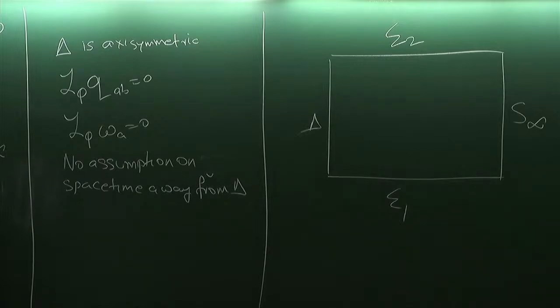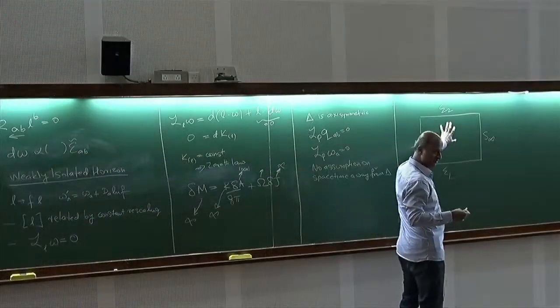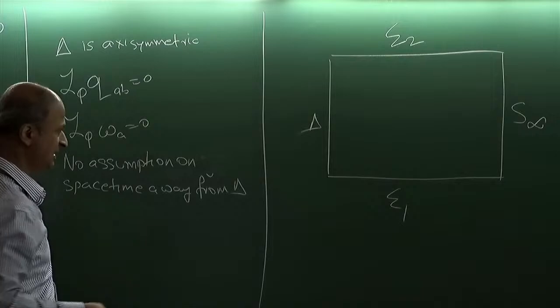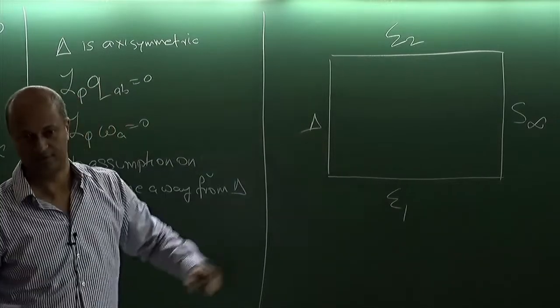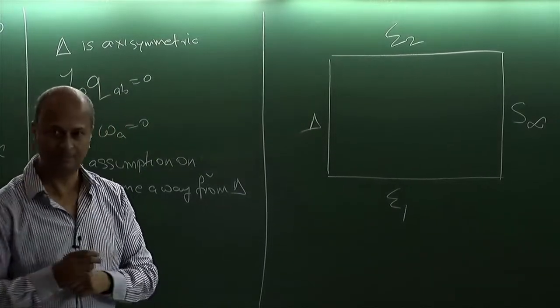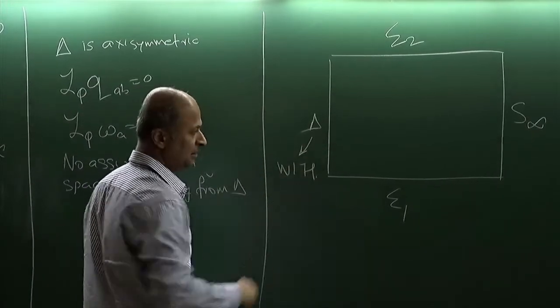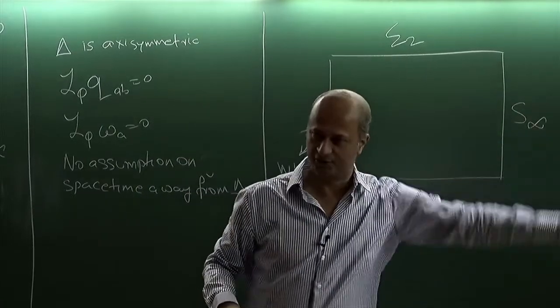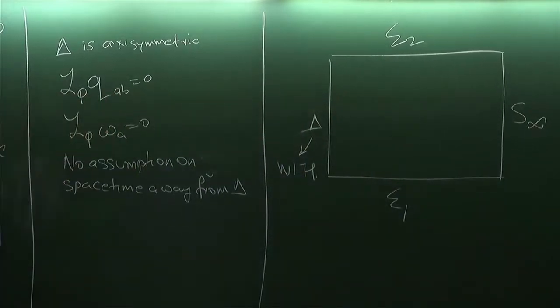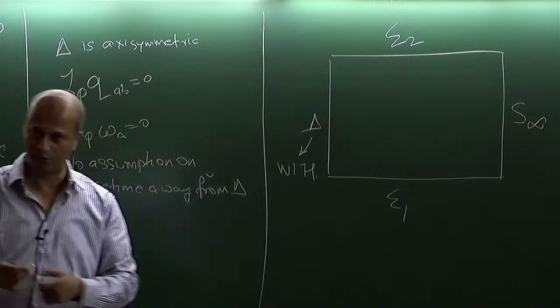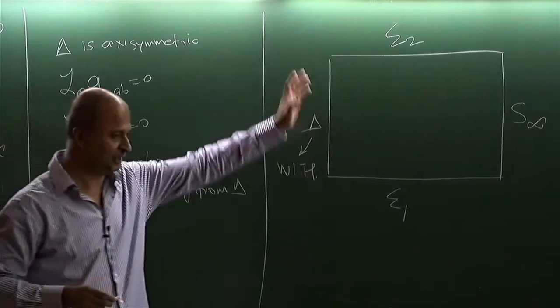Then the phase space is all the gravitational fields here, such that at the horizon all of these conditions are satisfied and delta is a weakly isolated horizon. So this has to be a weakly isolated horizon, and we assume the standard conditions at infinity. Therefore, at the horizon I have this one-form omega and this degenerate metric Q, and the field equations hold here.